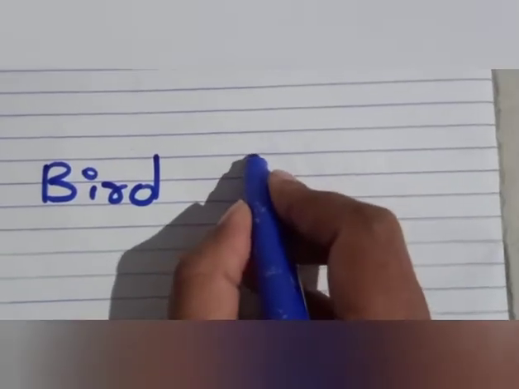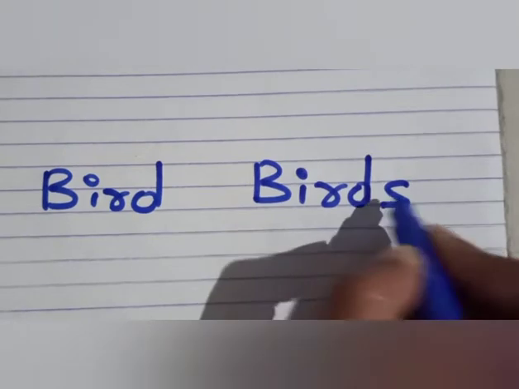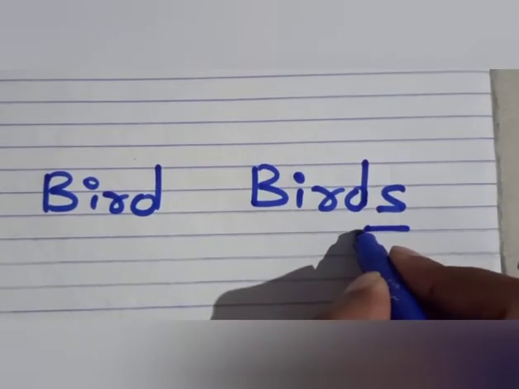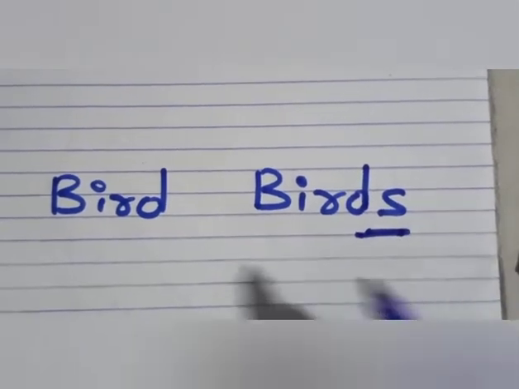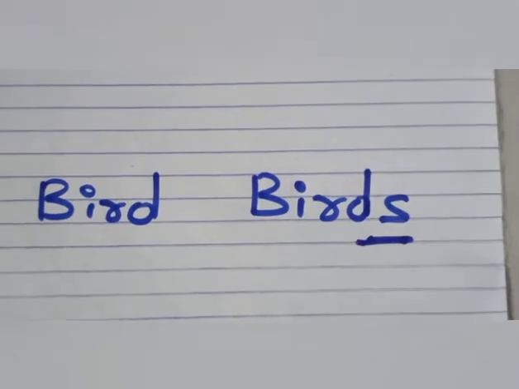See one more example. One bird, so many birds. Here we have added the letter S at the end of the word bird to make it singular to plural form.